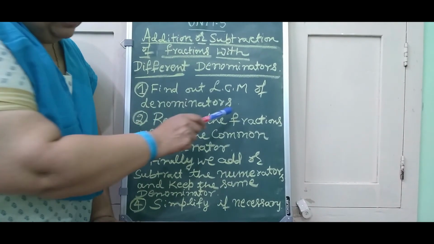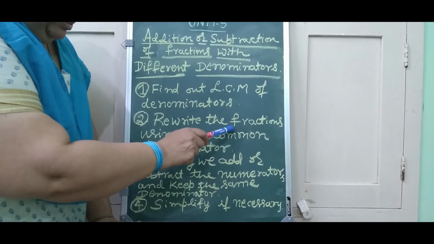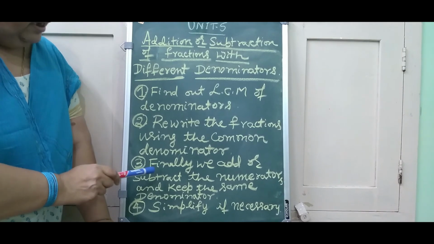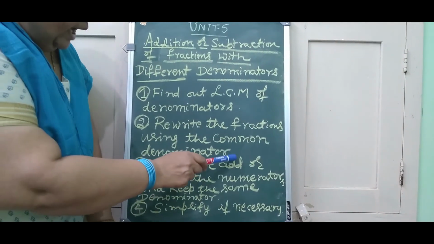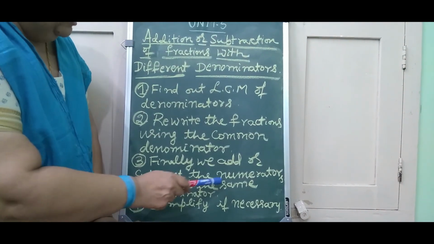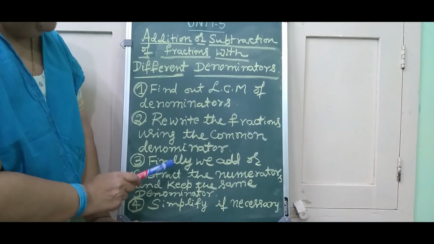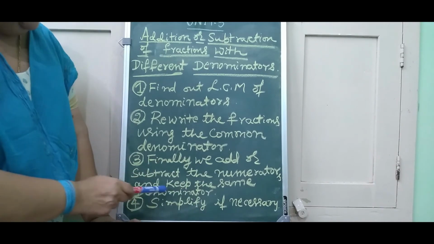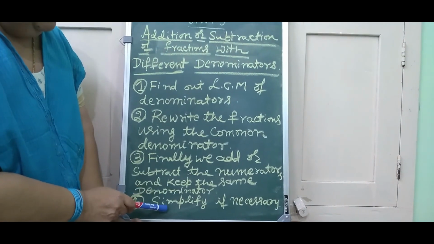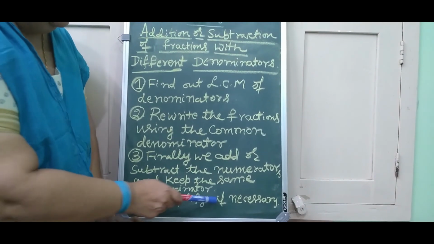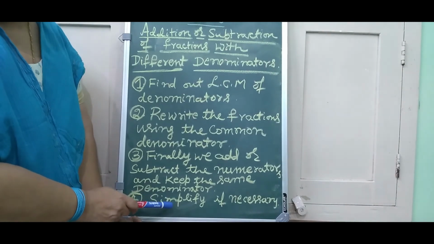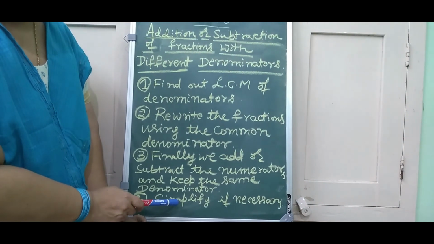So rewrite the fractions using the common denominator, and then finally we add or subtract the numerators and keep the same denominator, and in the last step simplify if necessary. If you can do the simplification, you can do it, otherwise you can leave the fraction like that only.